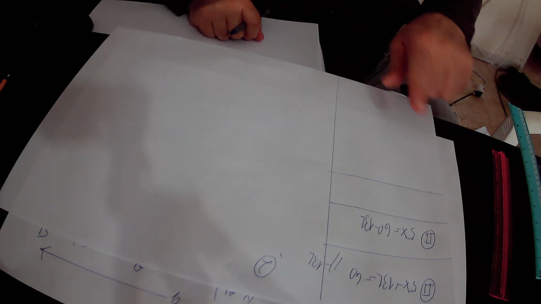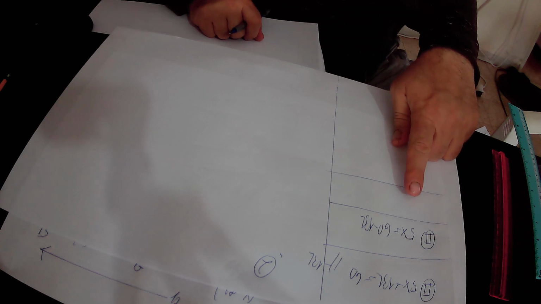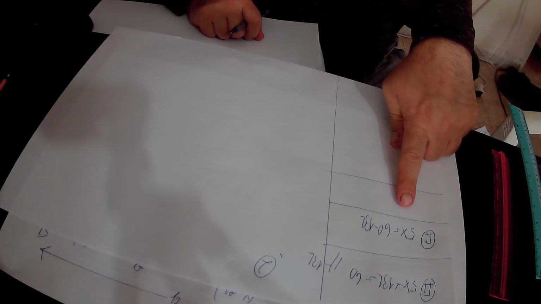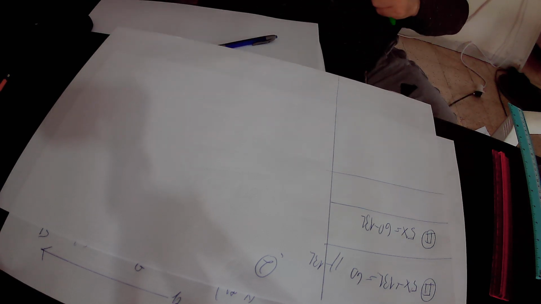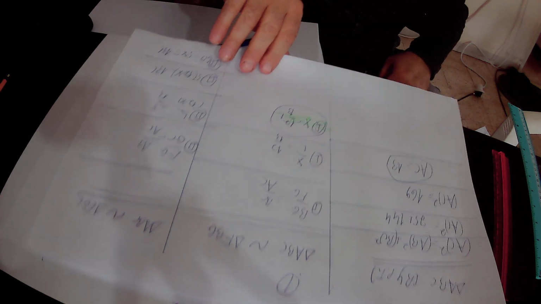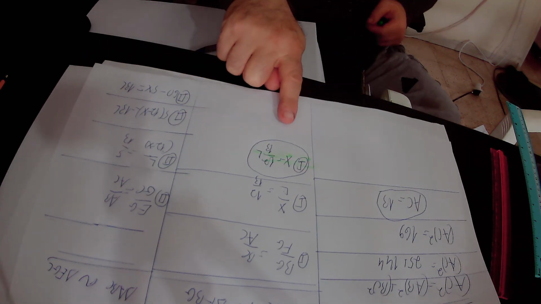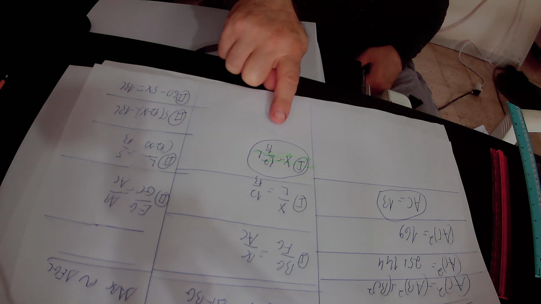In equation 2, we can substitute x by the value that we found for x in equation 1. According to equation 1, x equals 12L over 13.